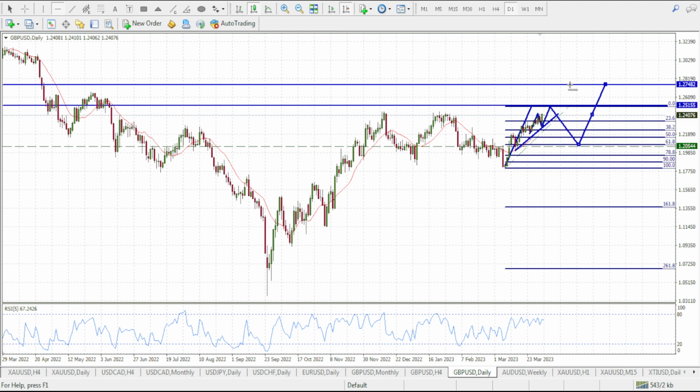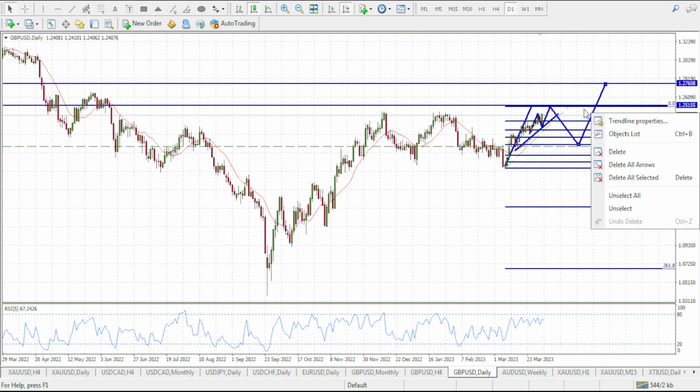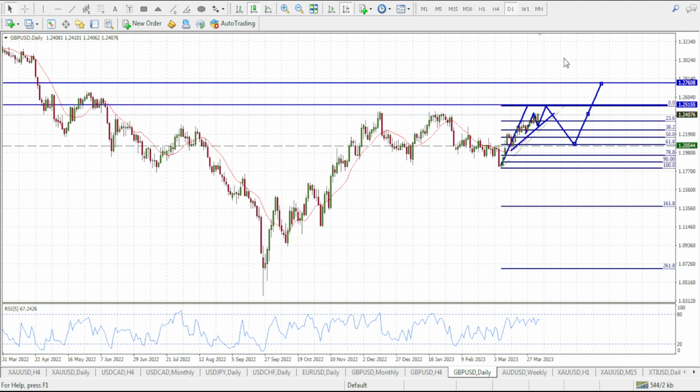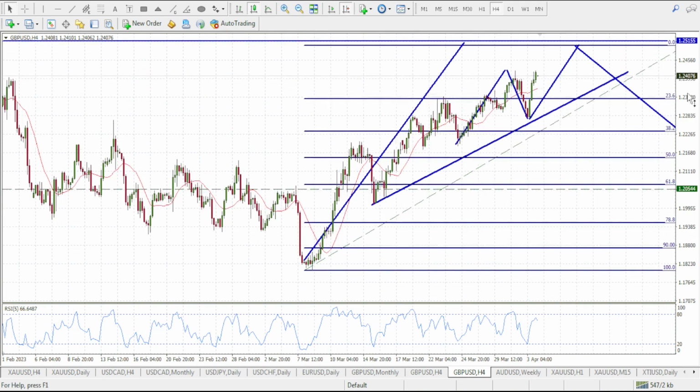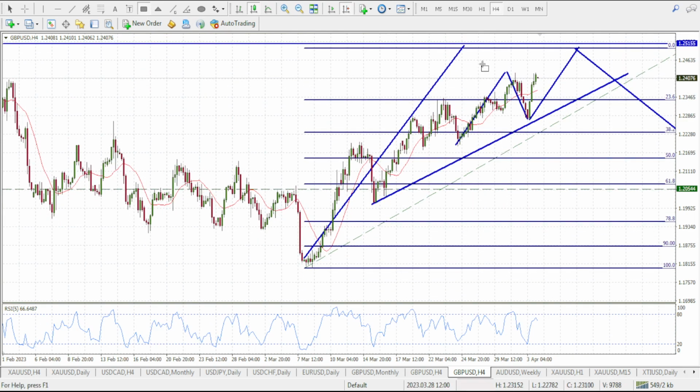And let me mark this area as well. Now this tiny ABCD pattern tells me a break of which structure. Just pay close attention to this structure, right?